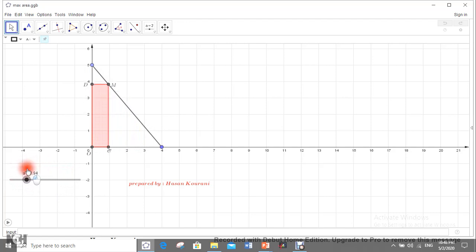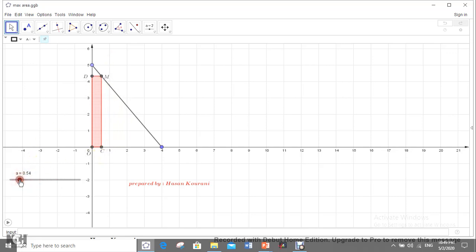The question is for which value of x we have a maximum value of the area of this rectangle. Again, the question is what is the maximum area of rectangle ODMC if we change x c or xm.